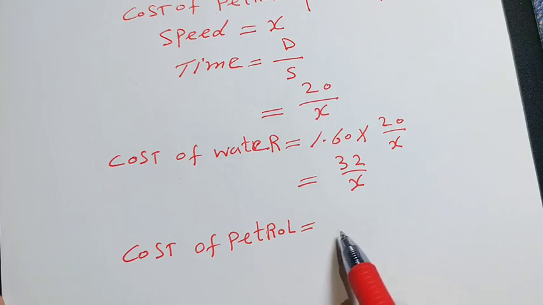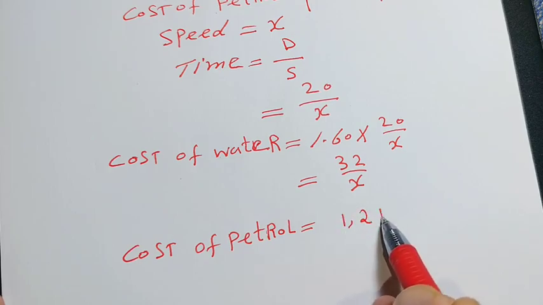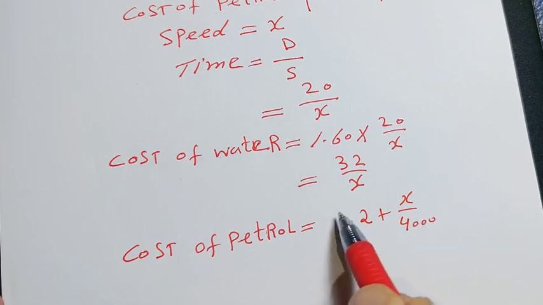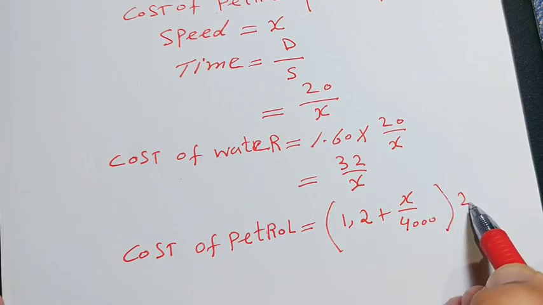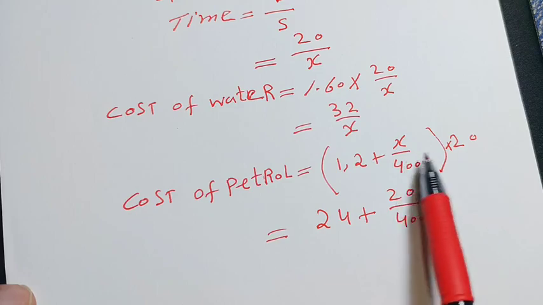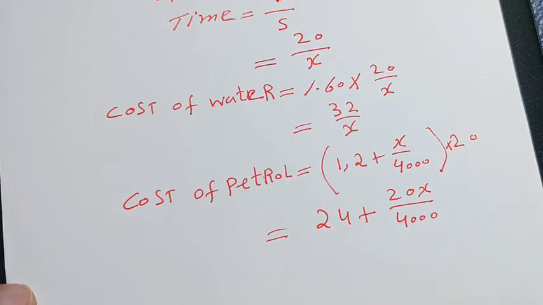So it's going to be 1,2 plus x over 4,000 multiplied by 20. Must remember, cost of petrol is equal to cost per kilometer multiplied by distance, and the distance is 20 kilometers. That's why we multiply with 20. So 20 multiplied by 1,2 is 24, and 20 multiplied by x over 4000 is 20x over 4000.